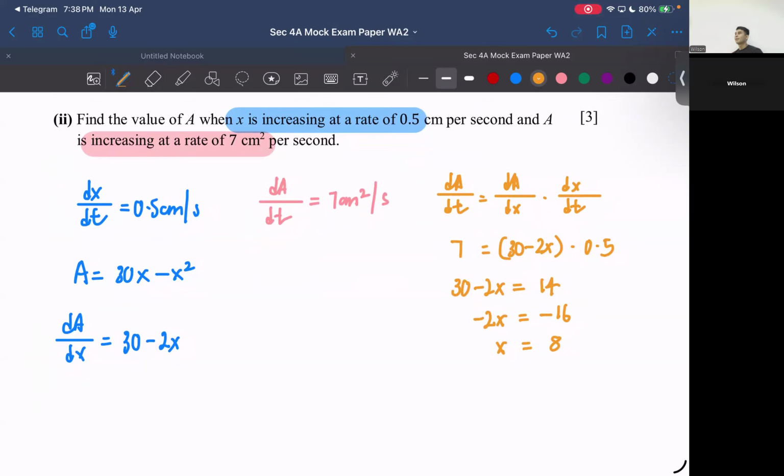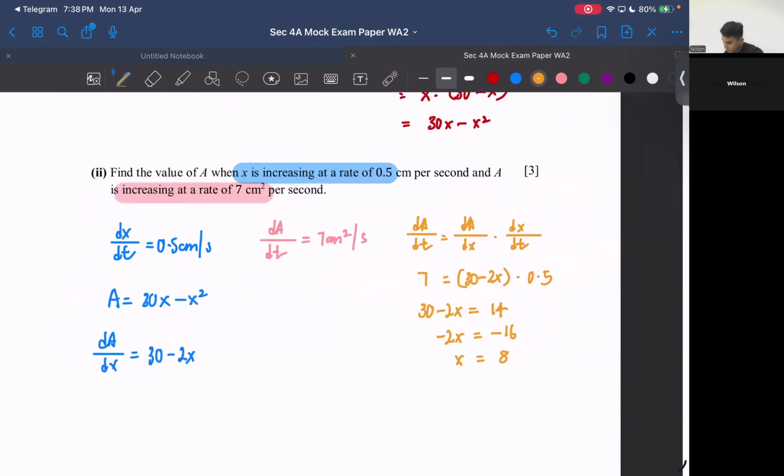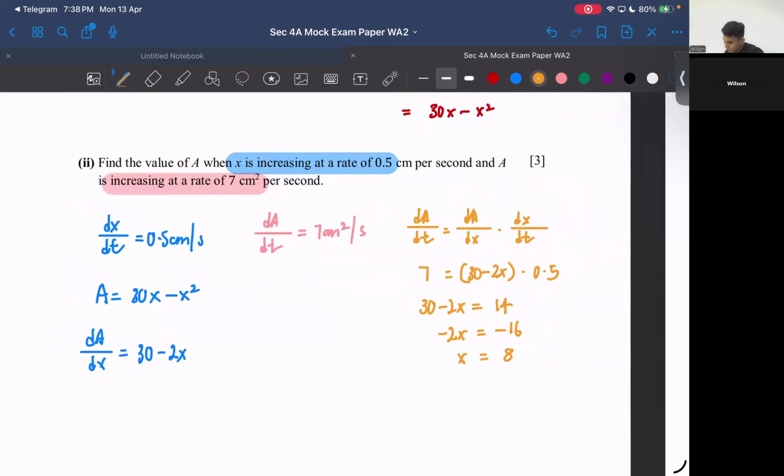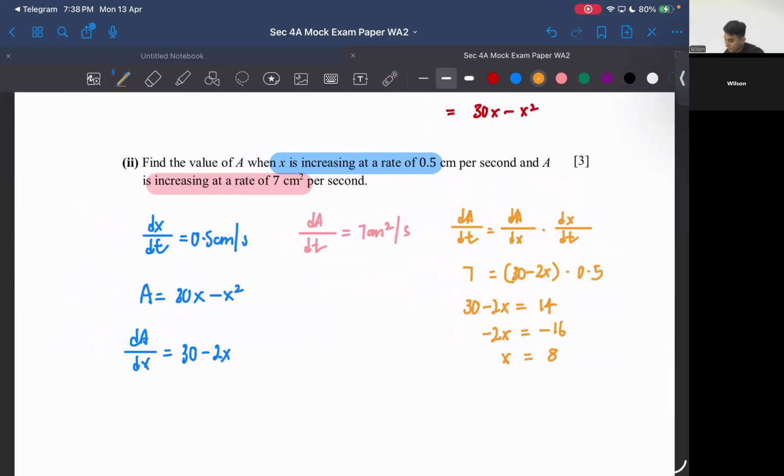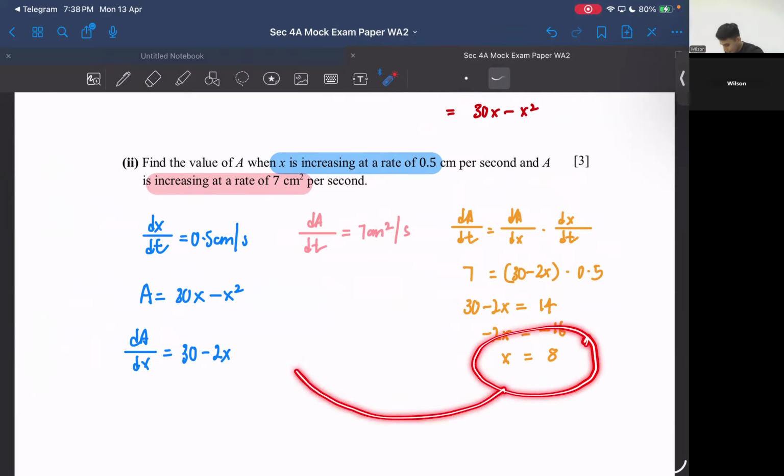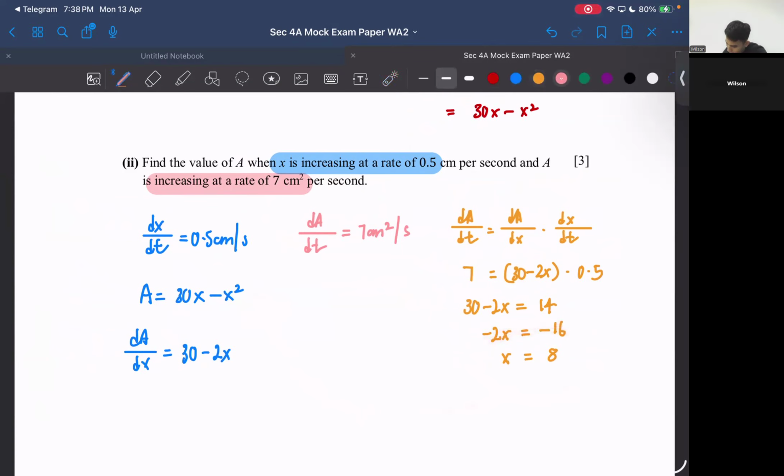Are we done? Seems like it, right? No. Why? How do I proceed from here? I found the x value, so I need to find A. Can everybody sub it in?